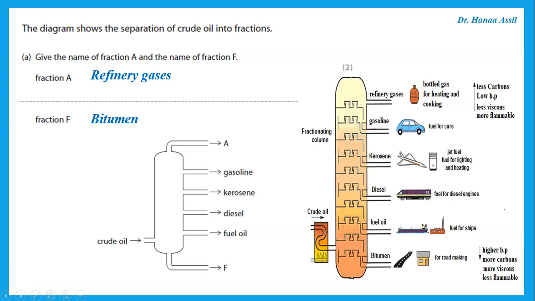What is F? F is bitumen. Remember, as we go down in the fractionating column, the fractions have higher boiling point, more carbons. They are more viscous, less flammable as we go down the fraction.